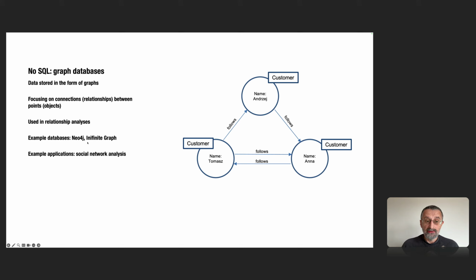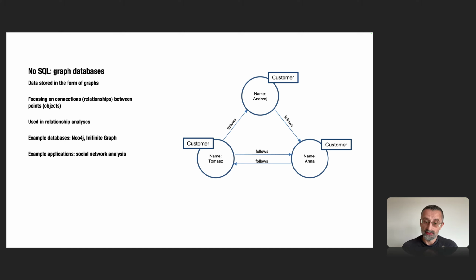An example database is Neo4j or InfiniteGraph, but at the moment it is extremely important in so-called retrieval augmented generation systems, which allow you to use large language models to answer complex queries over your own documents.